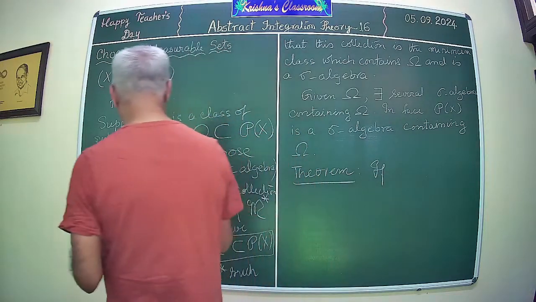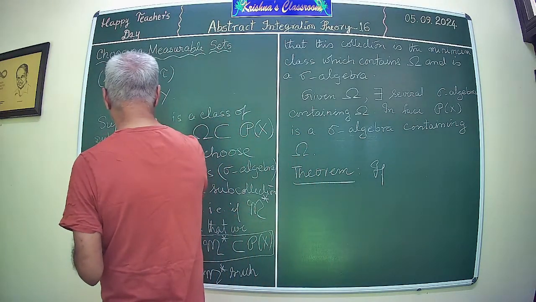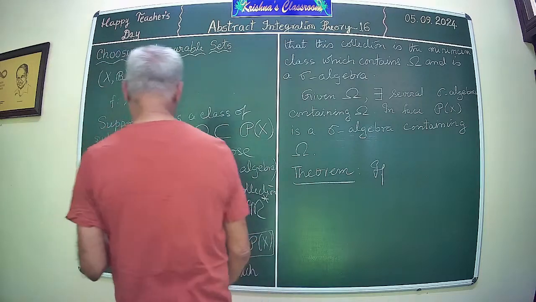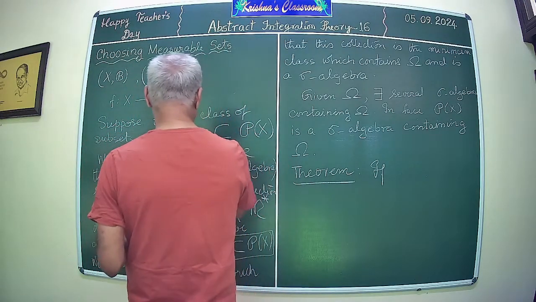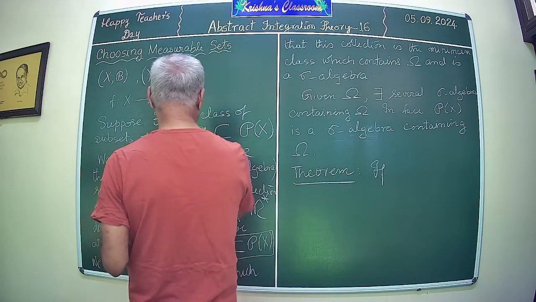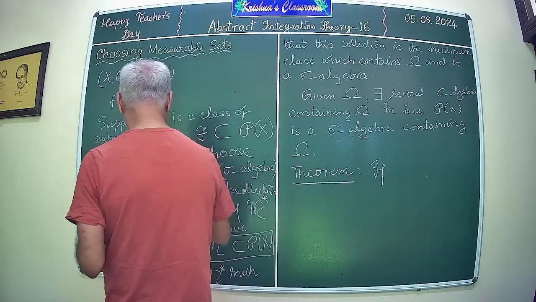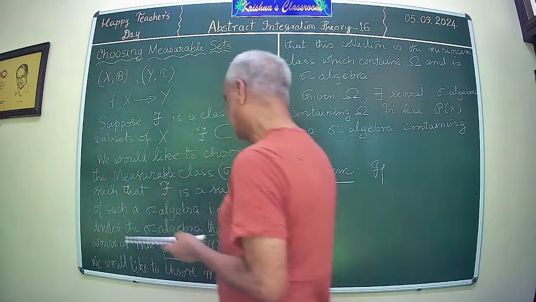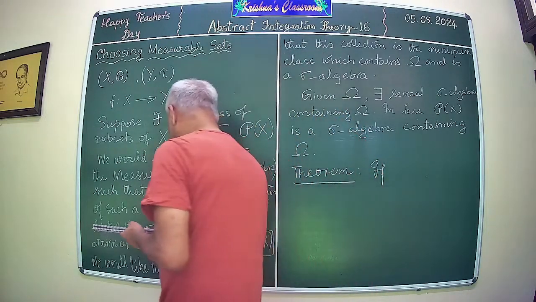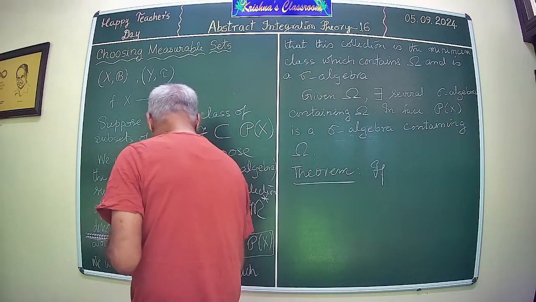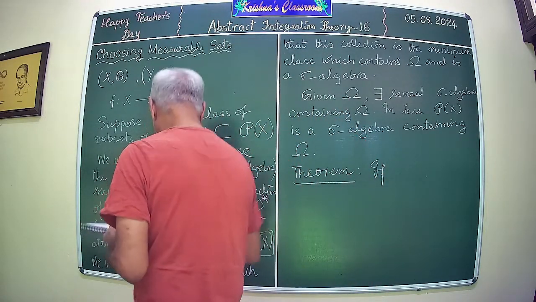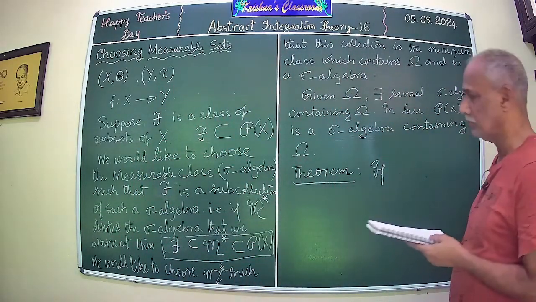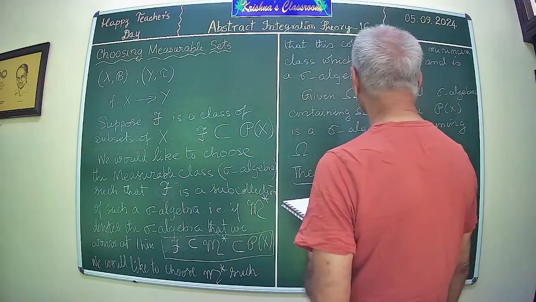Let me just change the notation. I want to use omega for some other purpose, so let me use F here. Then wherever I have written omega, I'll write F. And then I have this property, namely F is a collection of subsets that is given.